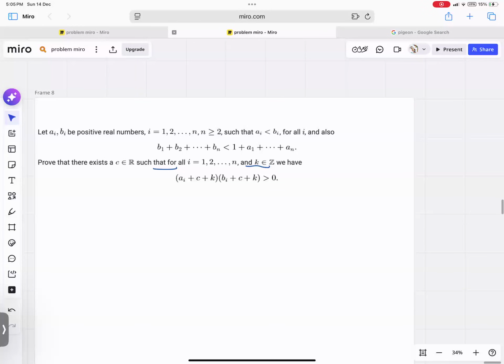Wait, what? C greater than mod of K, AI and BI are always positive. No, mod K is not a fixed integer. It can be anything. So we have a C, and we have to show that for some C, no matter what K we pick, this quantity is greater than 0. Oh, okay, got it. Makes sense.